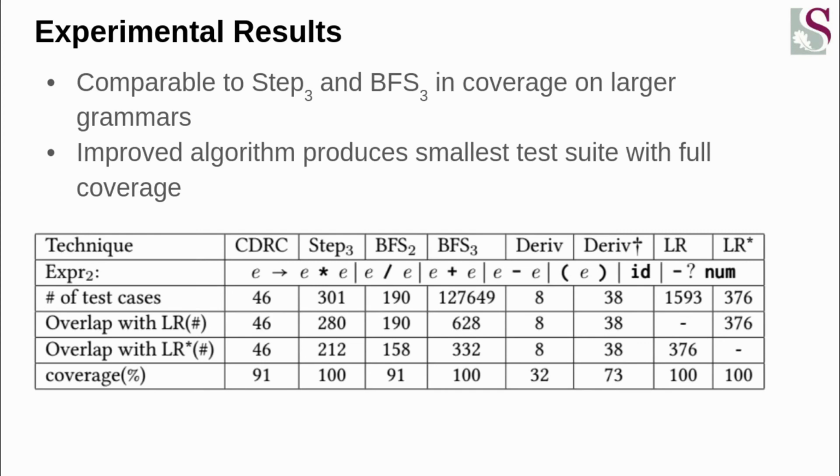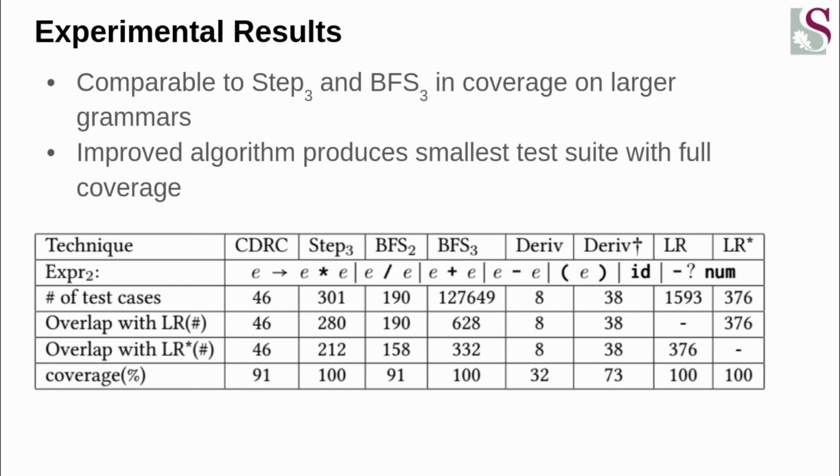So we compared the results that we got from our base algorithm, which is shown in the LR column, and also from this improved priority algorithm, which is shown in the LR star column, with the current grammar-based testing methods, which focus more on production rules. We can see that, for example, in this grammar that we used here for expressions, the coverage that we achieve is comparable to the step 3 and the BFS3 algorithms.